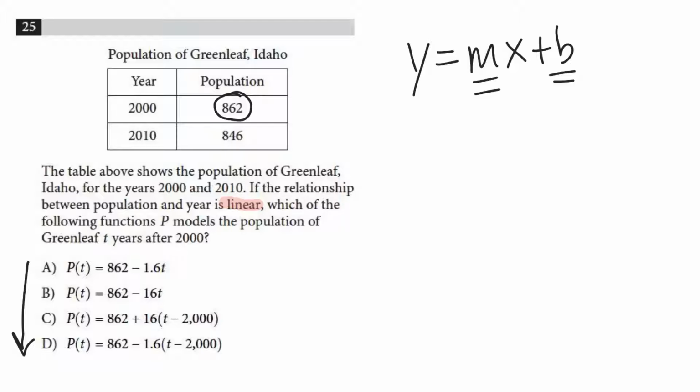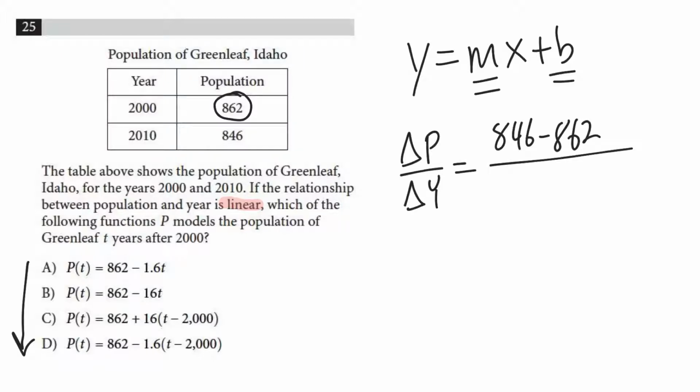Well, rate of change is just the change in the output, that's the population, divided by the change in the input, the year. Change in the output is 846 minus 862, and change in the year is 2010 minus 2000. I'm going to plug that into the calculator because I second guess myself.